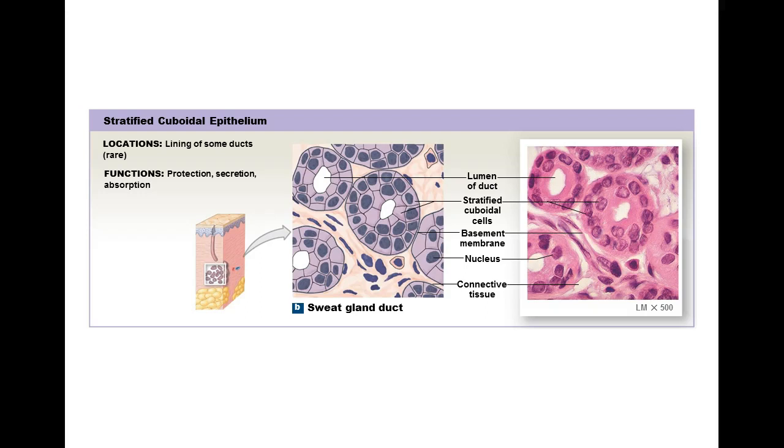The layer that has an opening to the outside of the lumen. But you do have an image here of a sweat gland, and so you do have this capacity for secretion and absorption in stratified cuboidal epithelium.